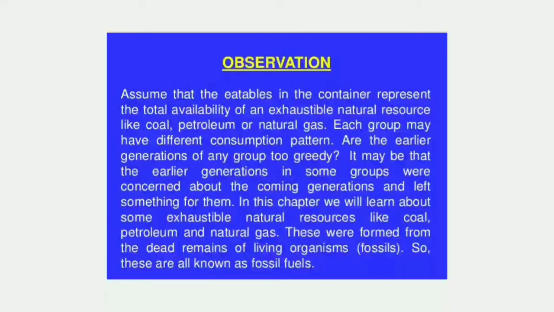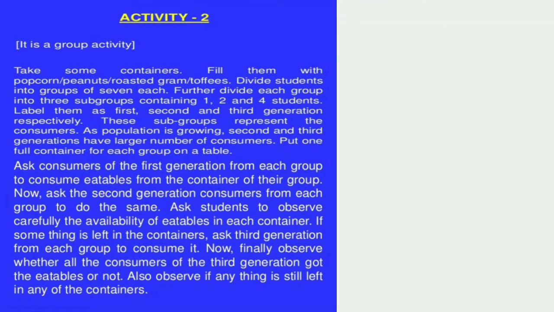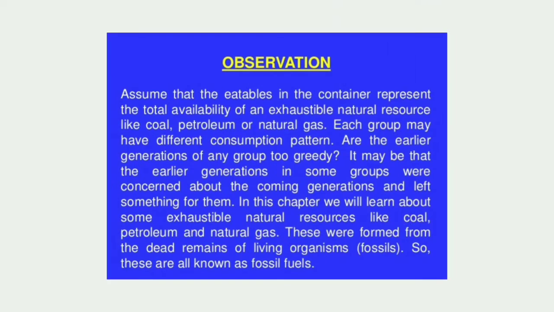Now assume that the eatables in the container represent the total availability of an exhaustible natural resource like coal, petroleum or natural gas. If you read the entire activity, you will understand what the eatables are: popcorn, peanuts, roasted gram or toffees.